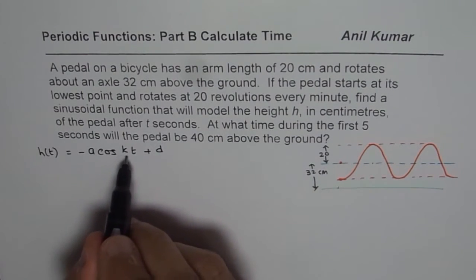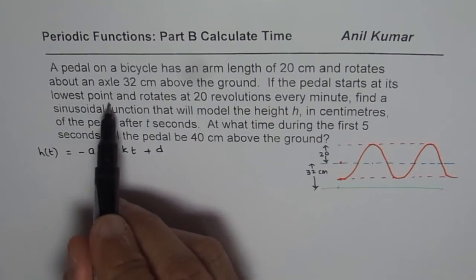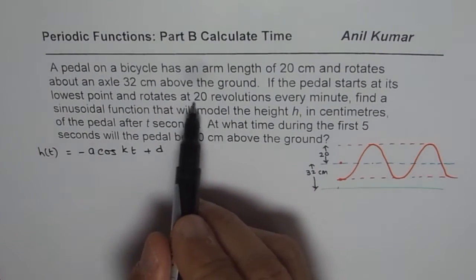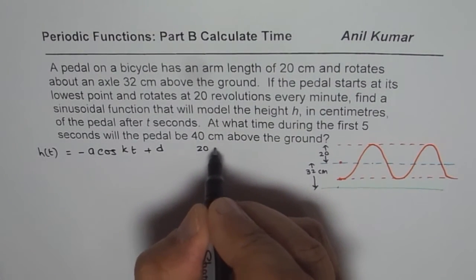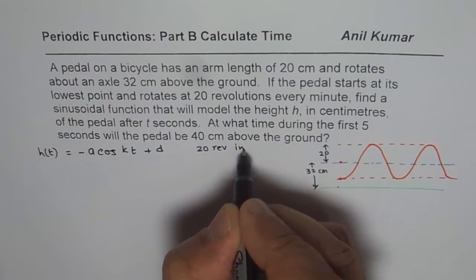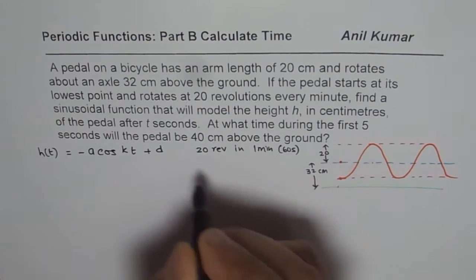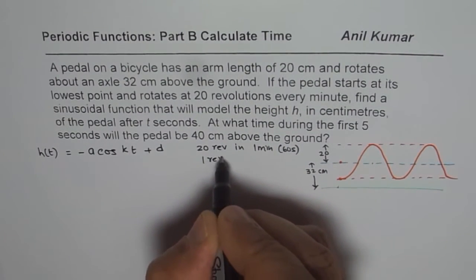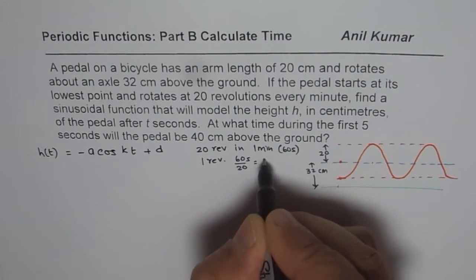To find k, we have to find the time period. The pedal starts at its lowest point, therefore minus, and rotates 20 revolutions every minute. So it is 20 revolutions in 1 minute, that means 60 seconds. So 1 revolution in 60 seconds over 20, that means 3 seconds.